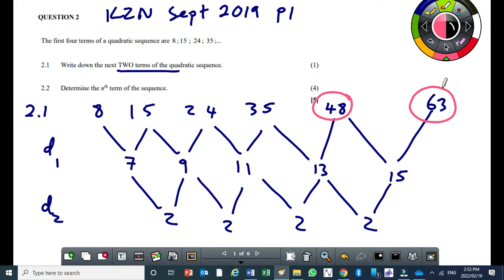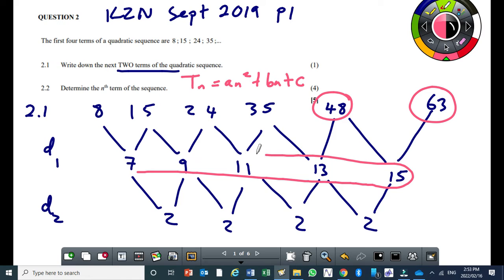And it is of the form Tn equal to an squared plus bn plus c. Furthermore, these first differences, they form an arithmetic sequence.